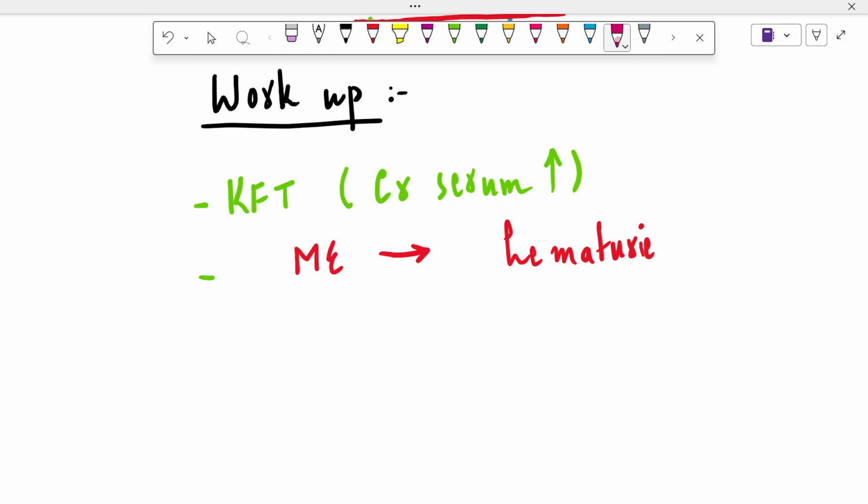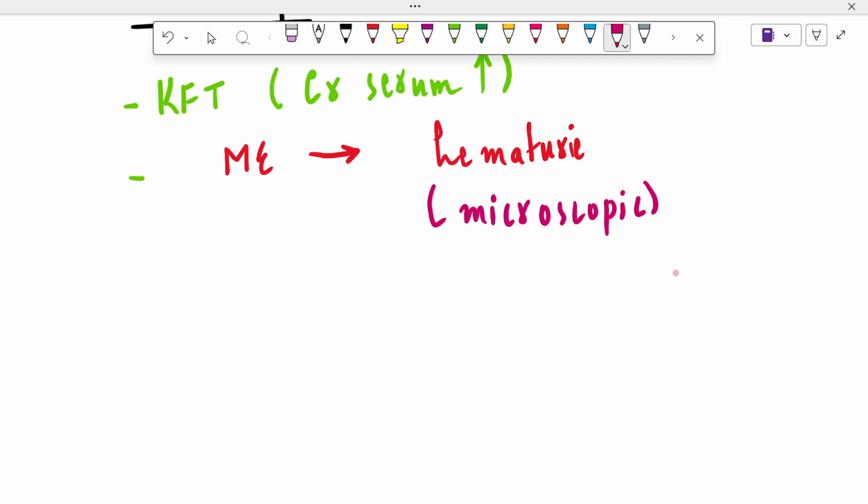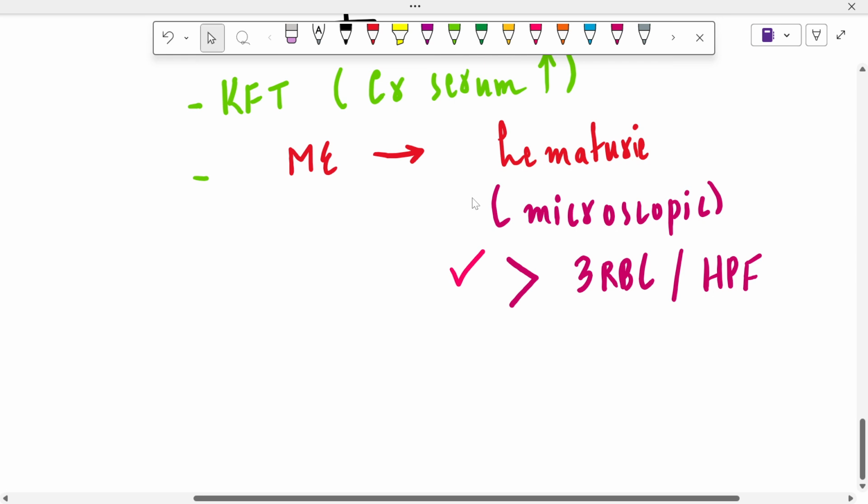It's only the podocytopathy. So in case of podocyte damage, there is no significant hematuria. We call it microscopic hematuria. What is the definition? More than 3 RBCs per high power field.